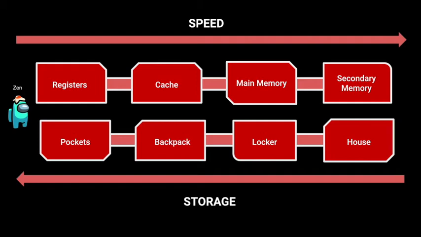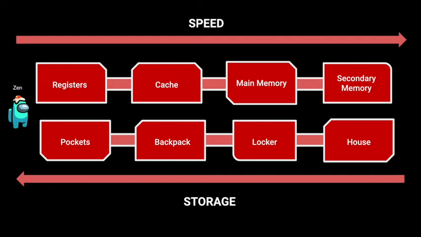So as you can see, the hierarchy goes on. Next, you have your main memory. We call main memory RAM sometimes, random access memory. Think of it as your locker. It has more space. It is somewhat limited, right? But you don't always have it with you. So if you need to get something from your locker, you actually have to take more time to get it.